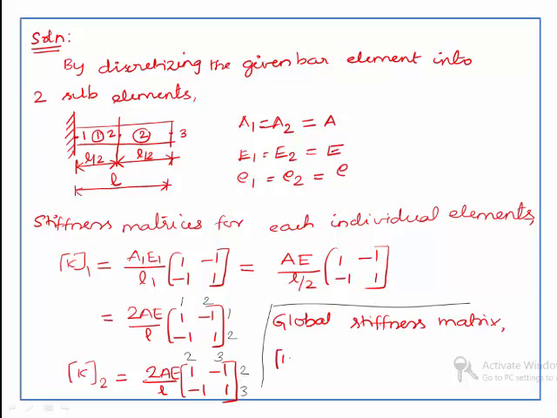K is equal to 2AE by L. If we assemble the two stiffness matrices, what do we get? First element: 1, minus 1, 0; minus 1, 2, minus 1; 0, minus 1, 1. So this is the global stiffness matrix.